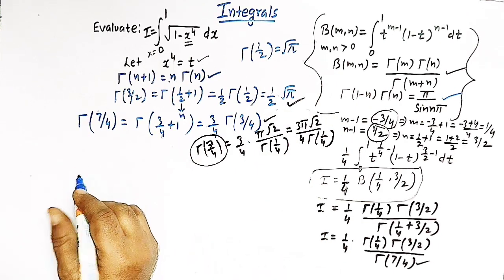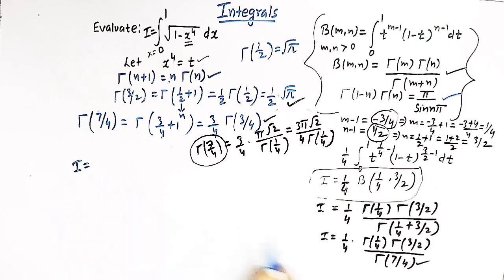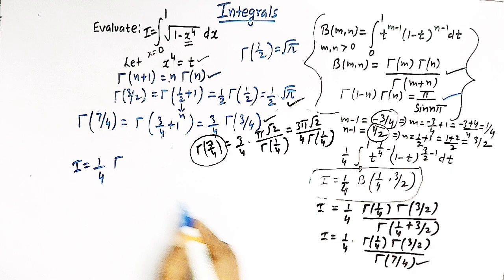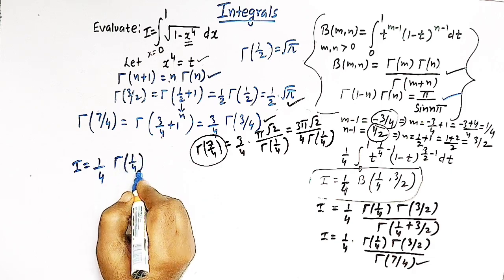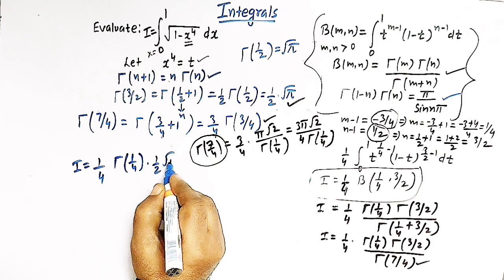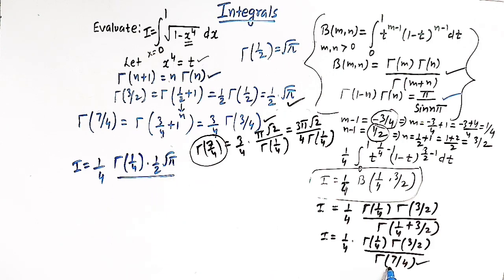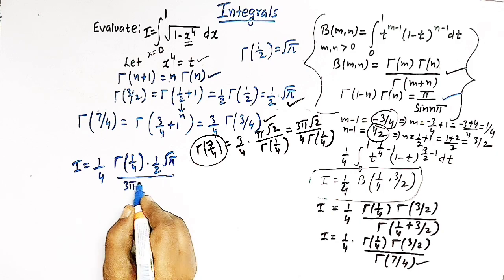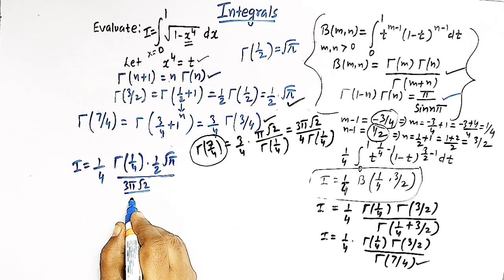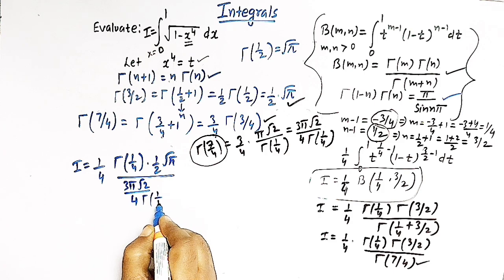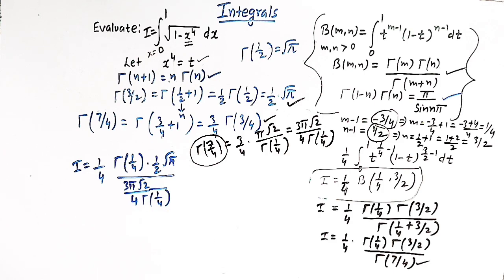So now we can write I is equal to 1 over 4. Then we have gamma 1 over 4, and gamma 3 by 2 is half root pi. And then we have gamma 7 over 4 as 3 pi root 2 divided by 4 times gamma 1 over 4, right?